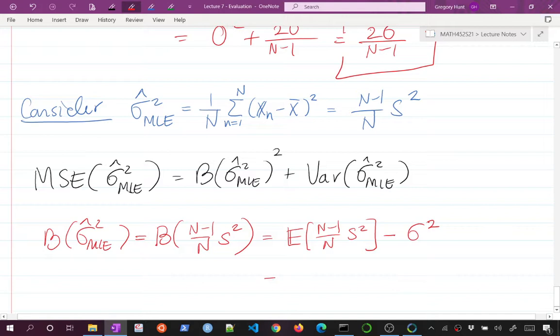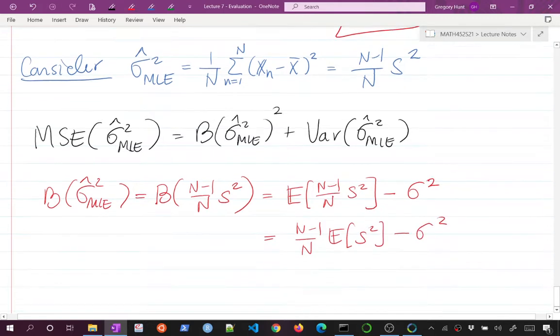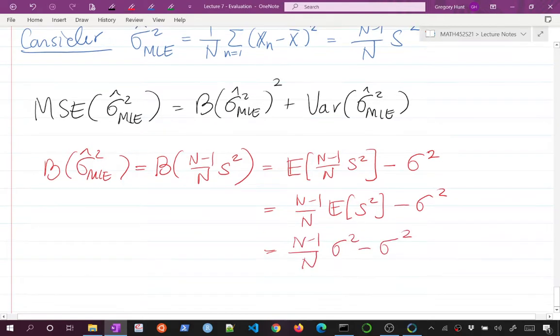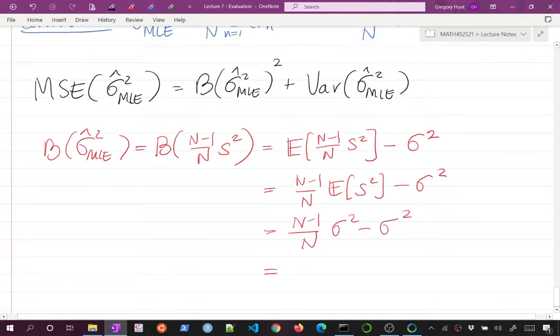And of course, my n minus 1 over n can come out. And this is what I'll get. Expected value of s squared, we said, is sigma squared. So we get n minus 1 over n sigma squared minus sigma squared. So all together, this will give us negative 1 over n sigma squared.